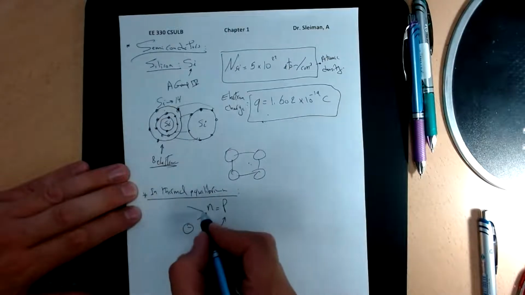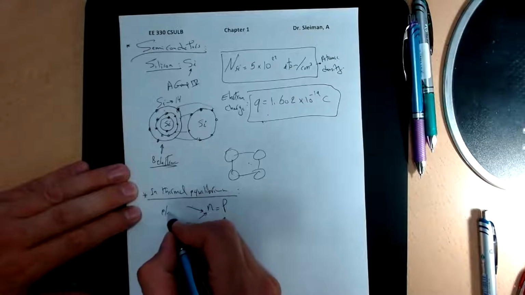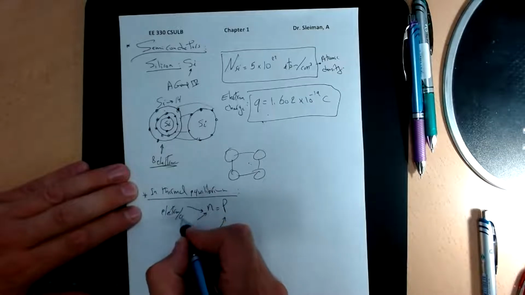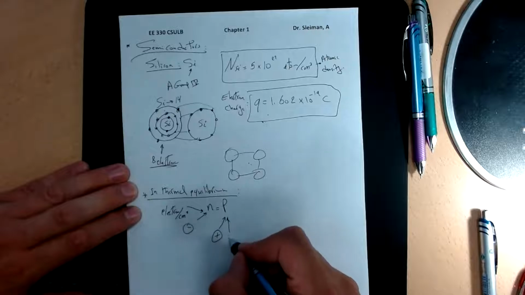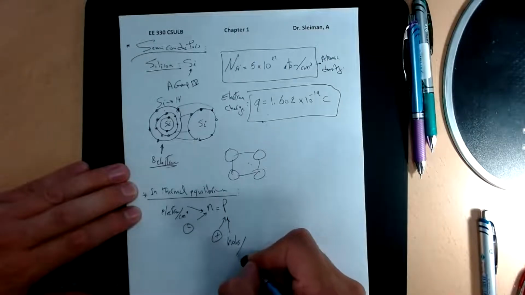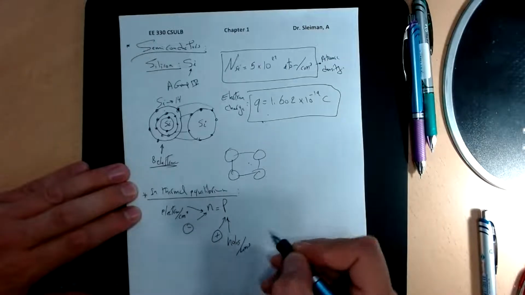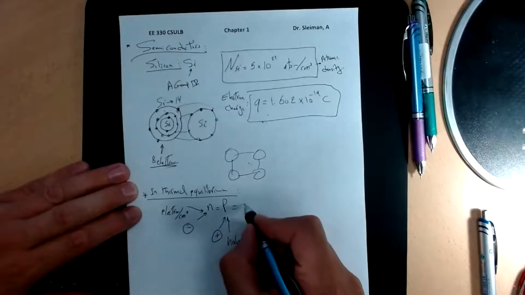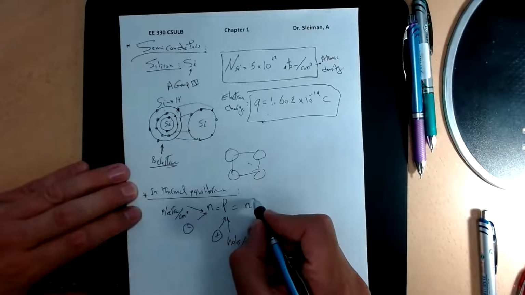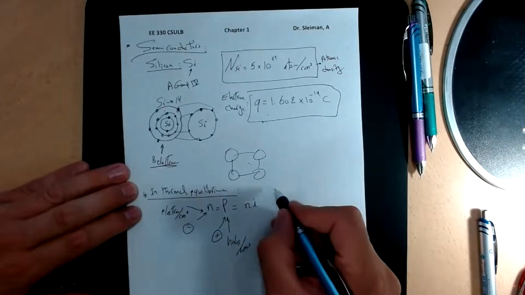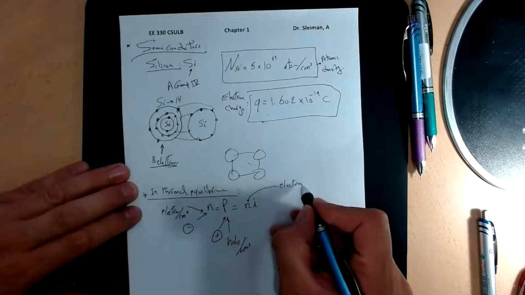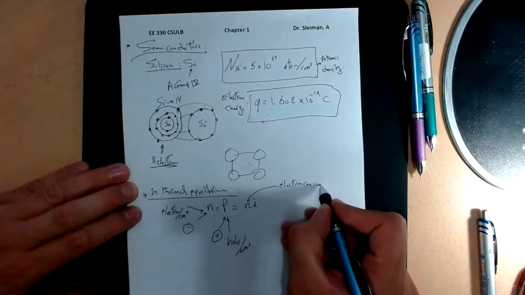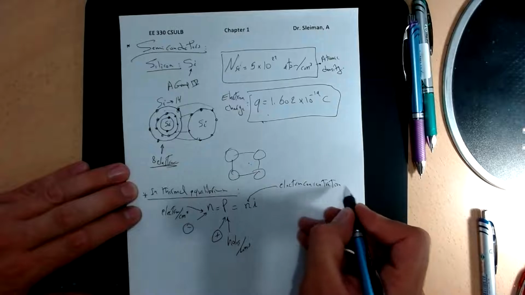They call this one electrons per centimeter cubed, and this is holes per centimeter cubed. And this is equal to Ni. N is the electron concentration or density.